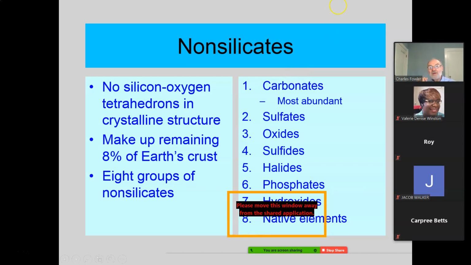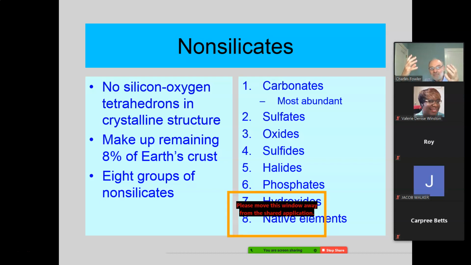Sulfates would then be 1 sulfur with 3 or 4 oxygens. Sulfates would have 4, I think it is. Sulfites would have 3. And you see those two sometimes. But in the non-silicate minerals, so sulfates, sulfur and oxygen. Oxides are just things with oxygen. In chemistry, you have the cations and the anions.